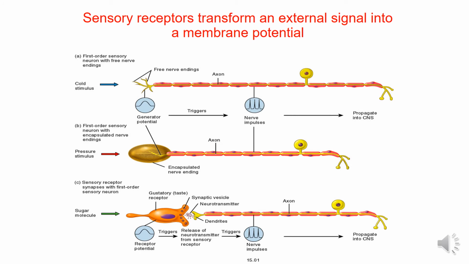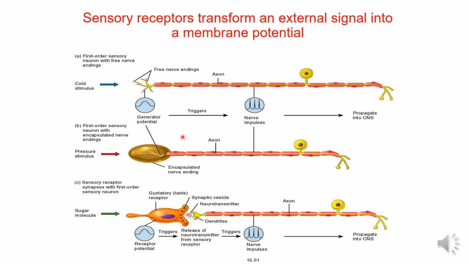In this slide, we are going to look at how the sensory receptor can transform an external signal into a membrane potential, into a nerve impulse. Each type of receptor has its specific or adequate stimulus, and generates the receptor potential.